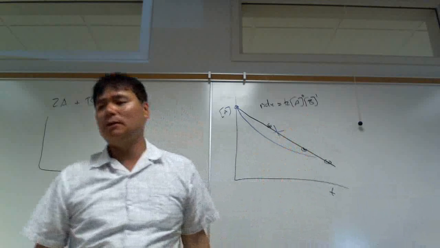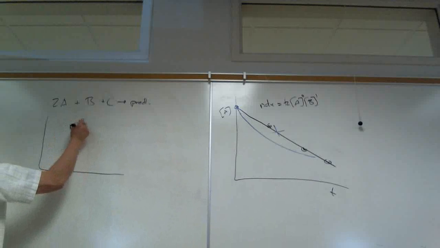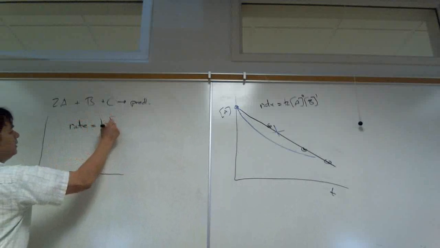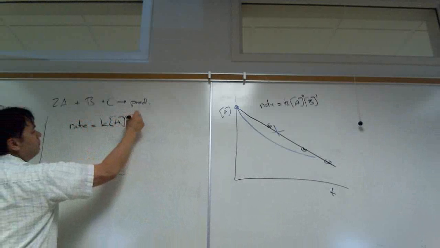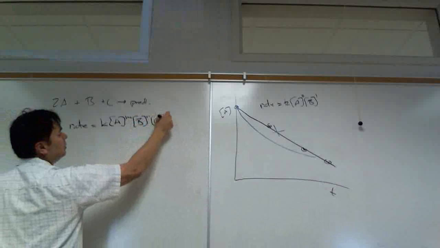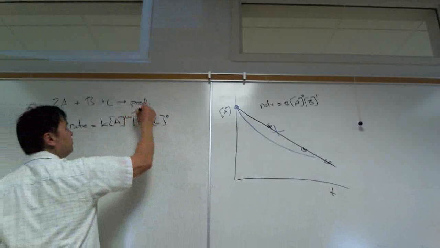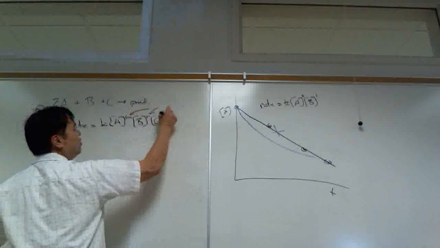And so we want to know what the individual orders are so that we can see how things vary. Here, the rate law for this is the rate is equal to K, A to the M, B to the N, and C to the O. And so we need to figure out what M, N, and O are.